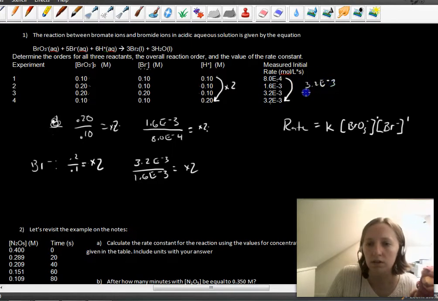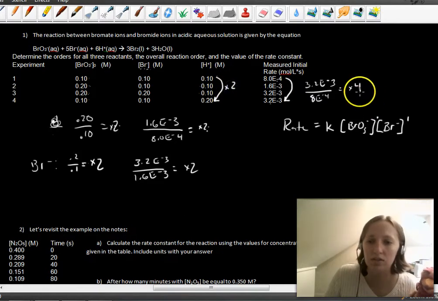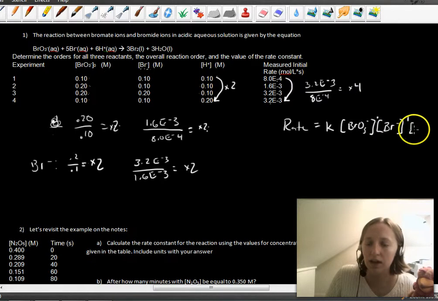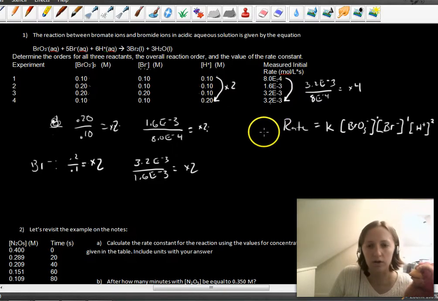So that is quadrupled, and that is more than linear, that is an exponential increase. This is doubling and this is squaring. So that means that hydrogen is squared. So this is our differential rate law for this equation.